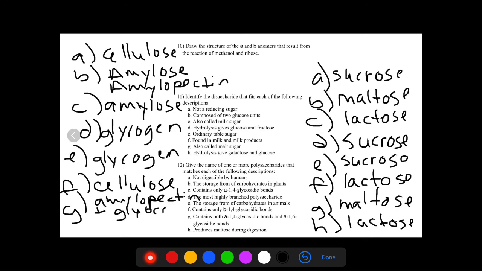So remember, they both had the same thing, except that amylopectin, the 1,6 link comes every 25 glucose units, and then for glycogen, it comes every 10 to 15 glucose units. And then H produces maltose during digestion. Is going to be amylose and then amylopectin as well.